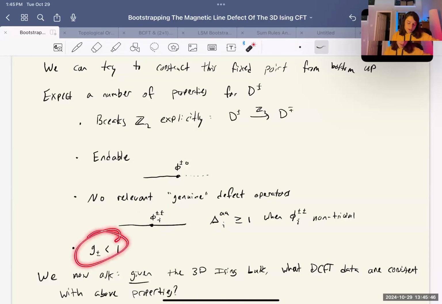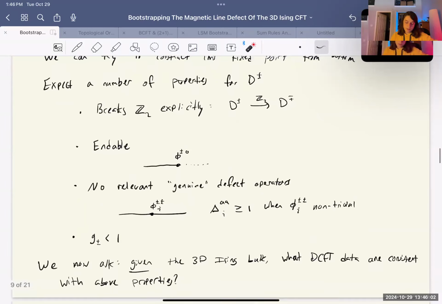And then finally, from the g theorem, we expect that these pinning field defects have g less than 1, since we start from the trivial defect and do some defect RG flow. This is something we don't assume, but we look for in our bounds, and based on the regions where g is less than 1, that's where we'll look to find the location of the real physical IR fixed point that we're trying to study.